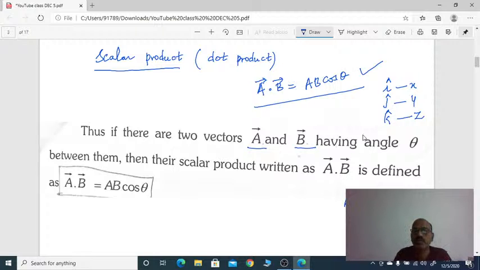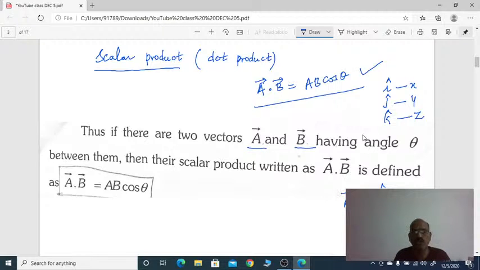Suppose a vector A, whose unit vector they will mention as A cap. Now, unit vector A cap is equal to the vector divided by its magnitude. This is the unit vector. A vector A having unit vector A cap, they will read it as A cap.